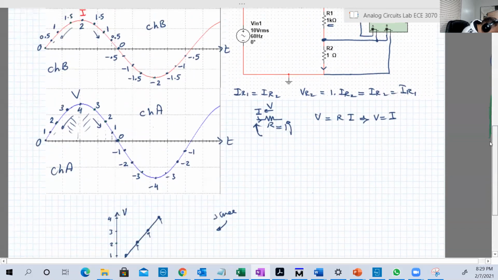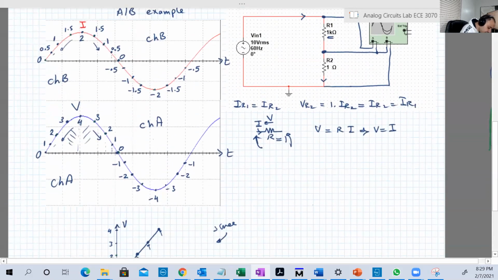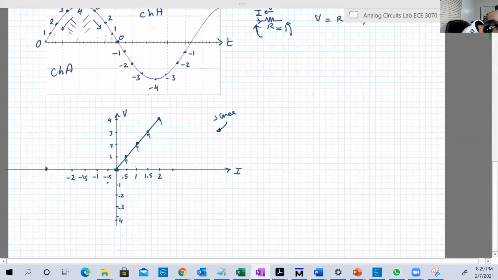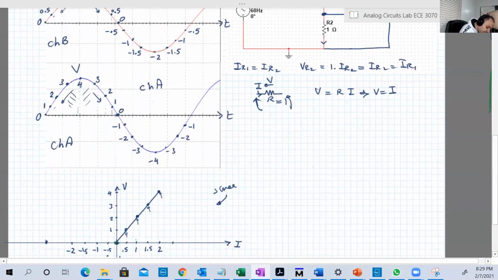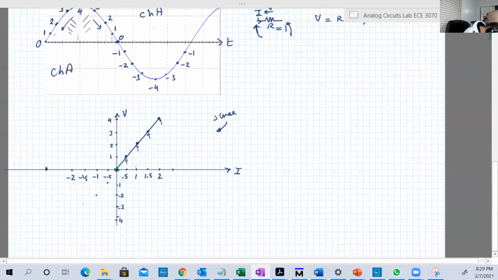Then minus 1, minus 2, like here. Then minus 1.5 and minus 3. And finally minus 2 and minus 4. And it will be just an extension.